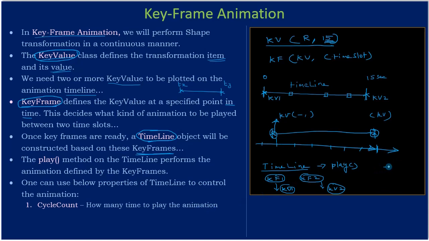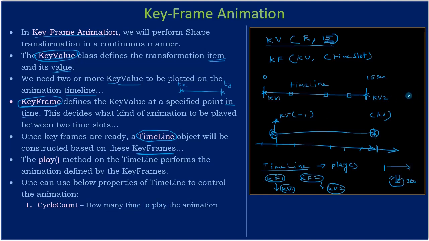So if this is the timeline and it plays a particular animation, say for example, the animation is rotating this bar to 360 degrees. Let's state that it's a self rotation, it will rotate one full circle about its center. So using the cycle count, you can tell how many times to play the animation.